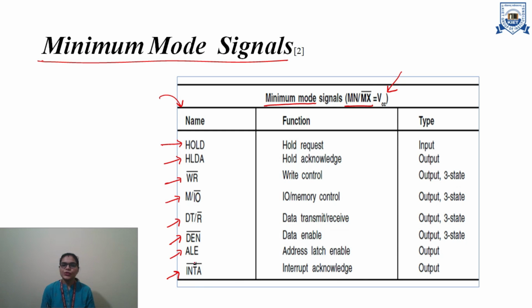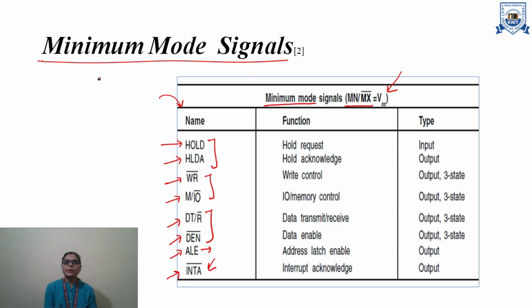This pin is used to acknowledge the interrupts arriving at INTR pin. So these signals are DMA transfer signal, memory input output control signal, data enabling and disabling signals, address latch enable signal, and interrupt acknowledgement signal.